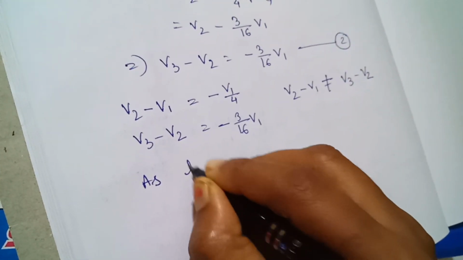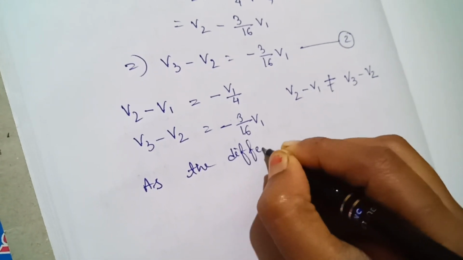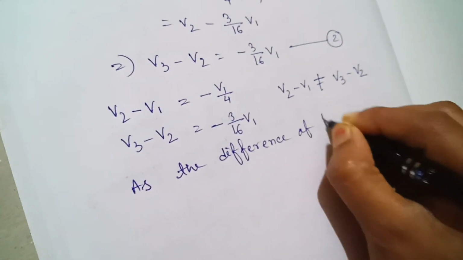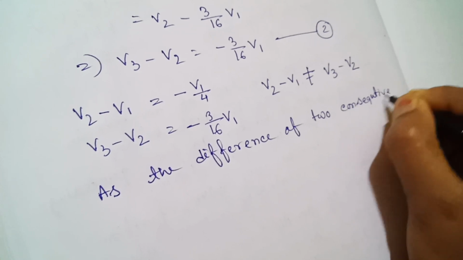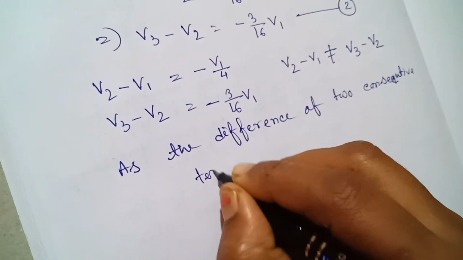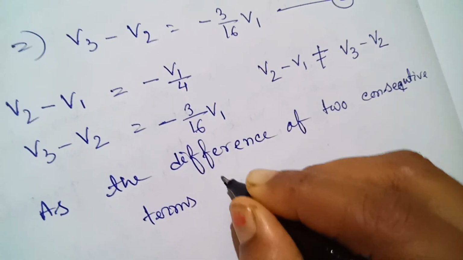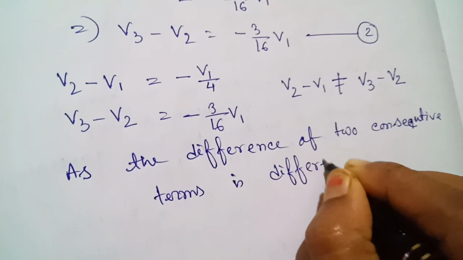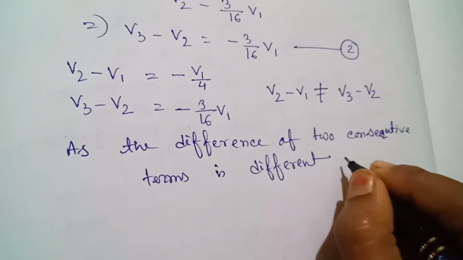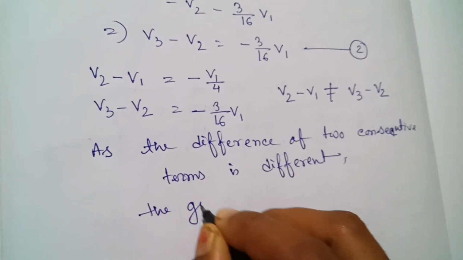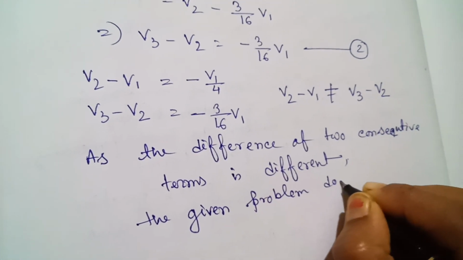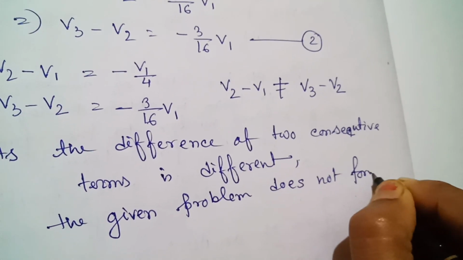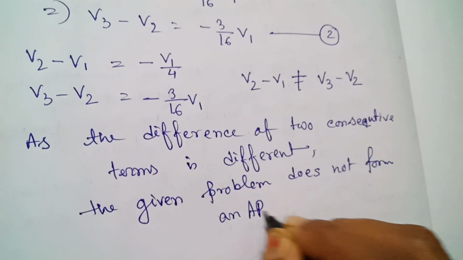As the difference is not common, we will write here: the difference of two consecutive terms is different, so the given problem does not form an AP.